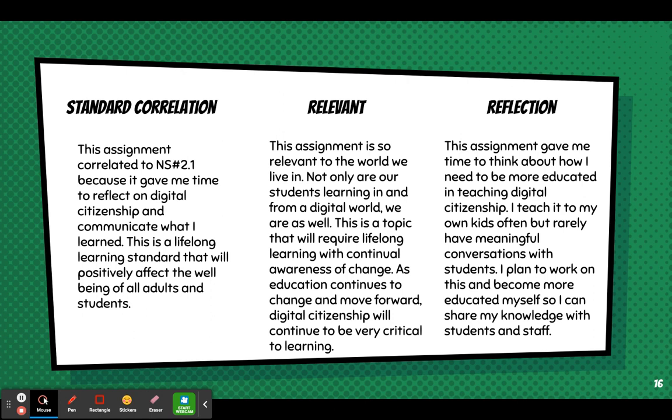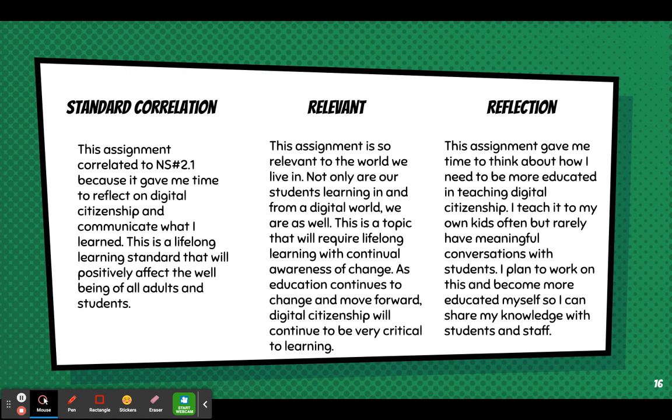Not only are our students learning in and from a digital world, we are as well. And this topic will require us to learn continually how to be aware of what's changing and what's coming. And as education continues to change and move forward, digital citizenship will continue to be very critical to learning.